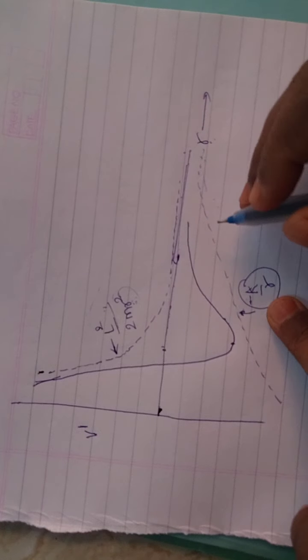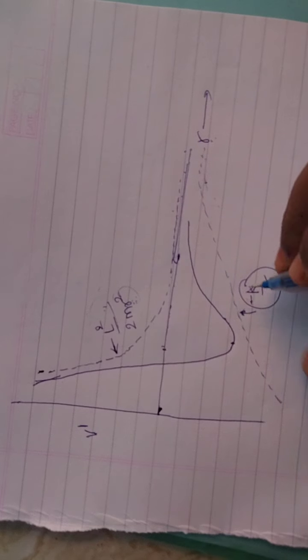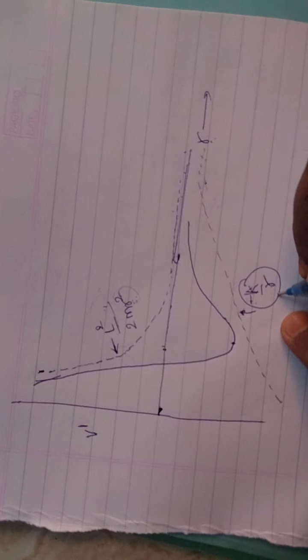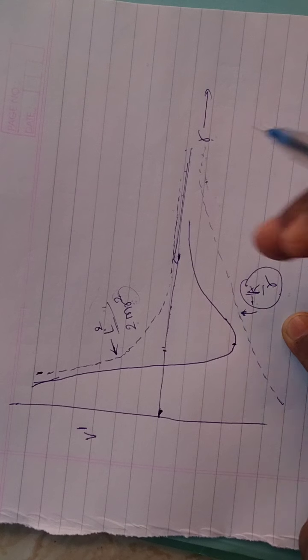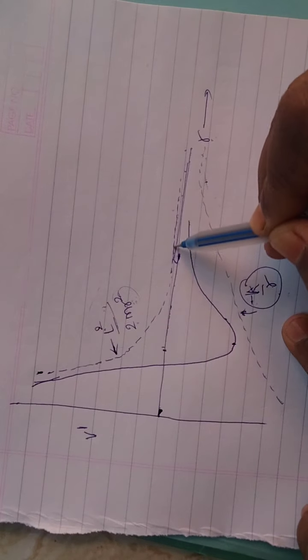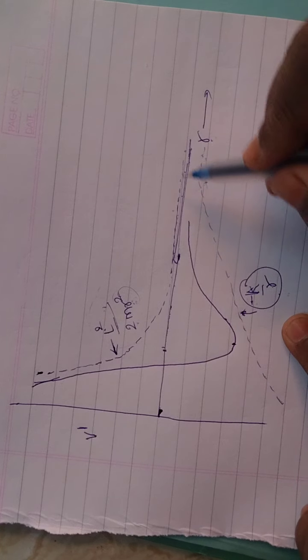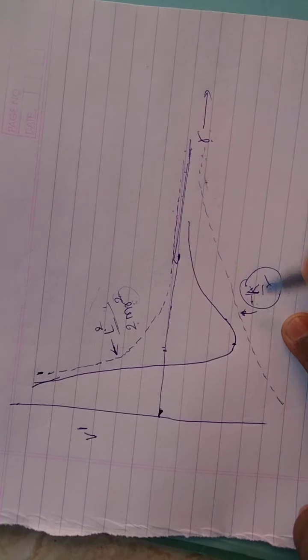So this term is dominant in this region, because this falls as 1 upon r square and this falls as 1 upon r. The difference between these two terms is shown like this. One dies faster close to the origin, and the other is sustained because of the 1 upon r.